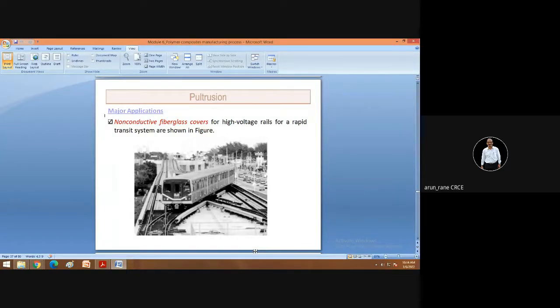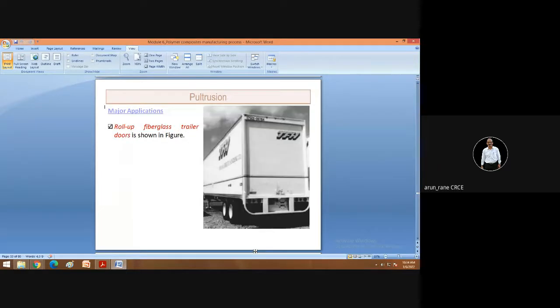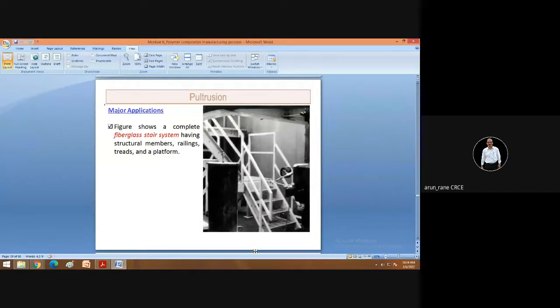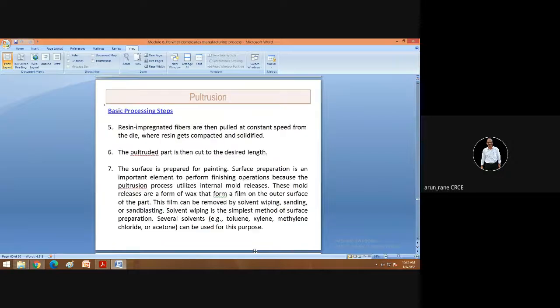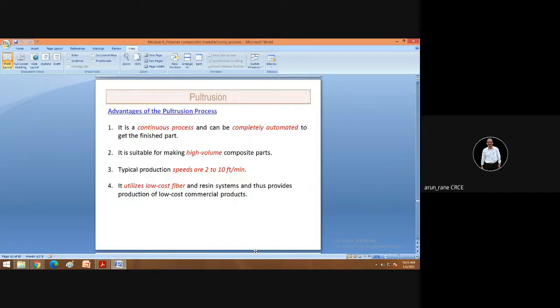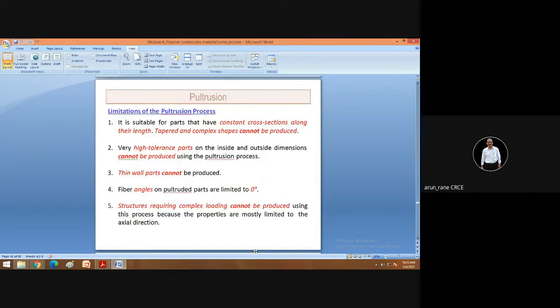So even the rails can be produced by this process, pultrusion process. These are the staircases. So all these use pultrusion, I mean composites.